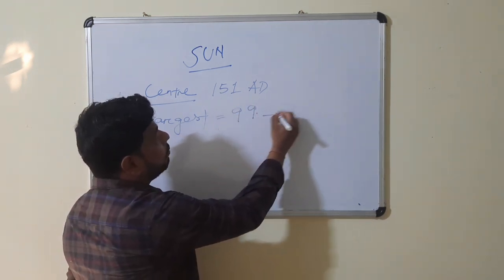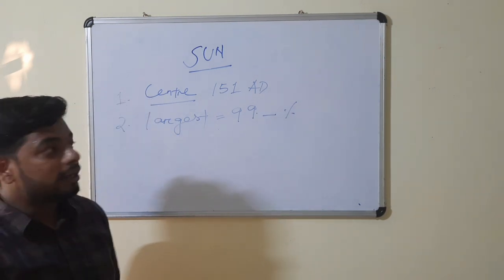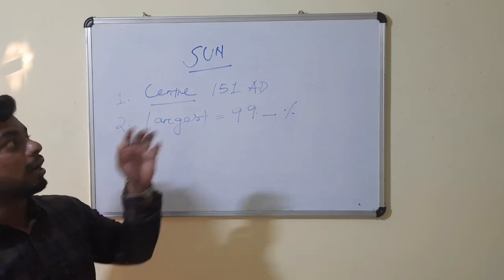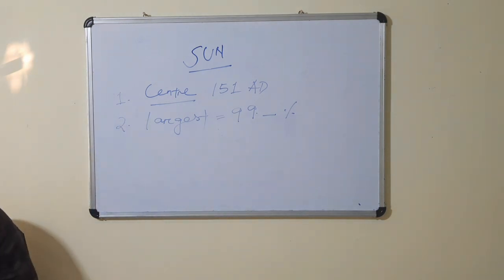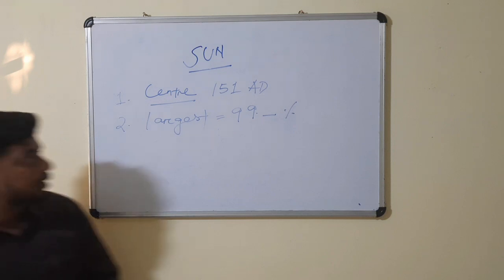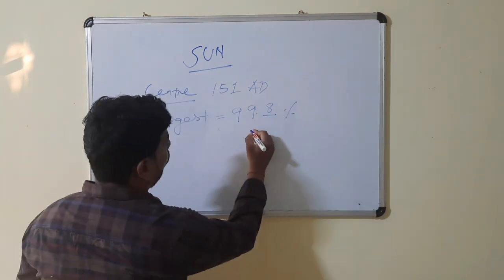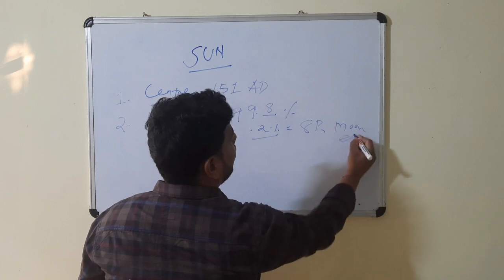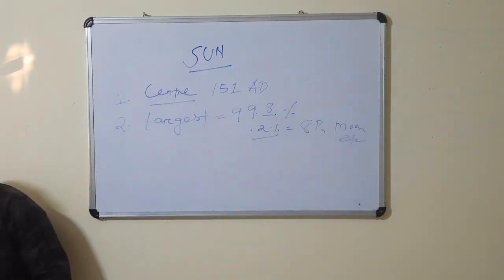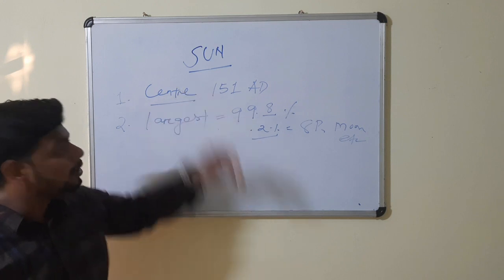More than 99% of the entire mass of our solar system lies in the sun. Its mass comprises around 99.8%, and only 0.2% comprises the remaining 8 planets, moons, asteroids, meteorites, etc. All 8 planets could fit within the sun.